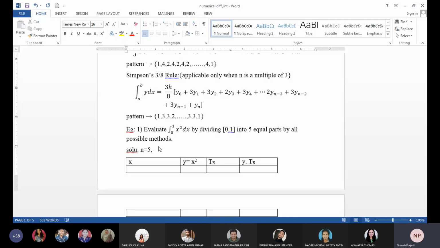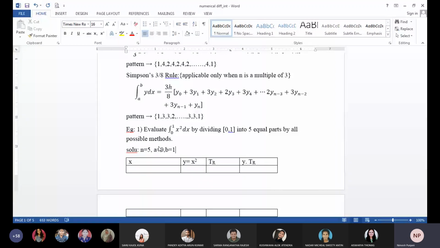Compare with integration a to b y dx and get your a. A is 0, b is 1. Is this much clear? Yes, sir. So n is 5, a is 0, b is 1.